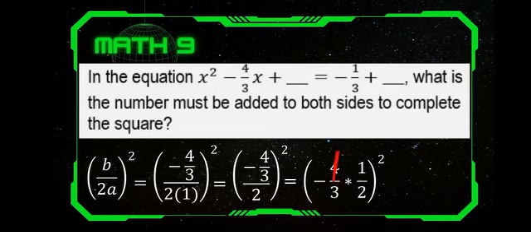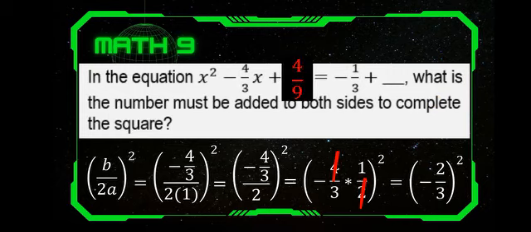So 4 times 1 over 3 times 2. The 4 and 2 can be reduced, so 4 is 2 now, and 2 is 1. So negative 2 times 1 is negative 2, and 3 times 1 is 3, and the square of this is 4 over 9. And this is the number that must be added to both sides to complete the square.